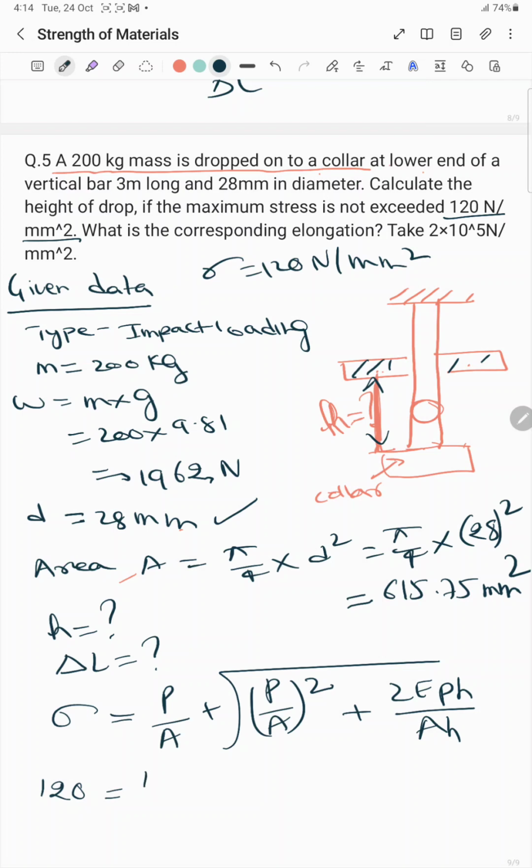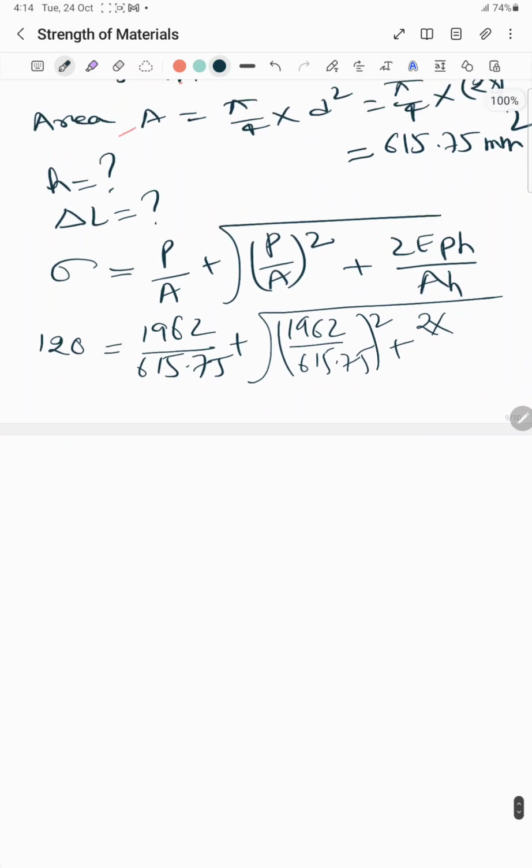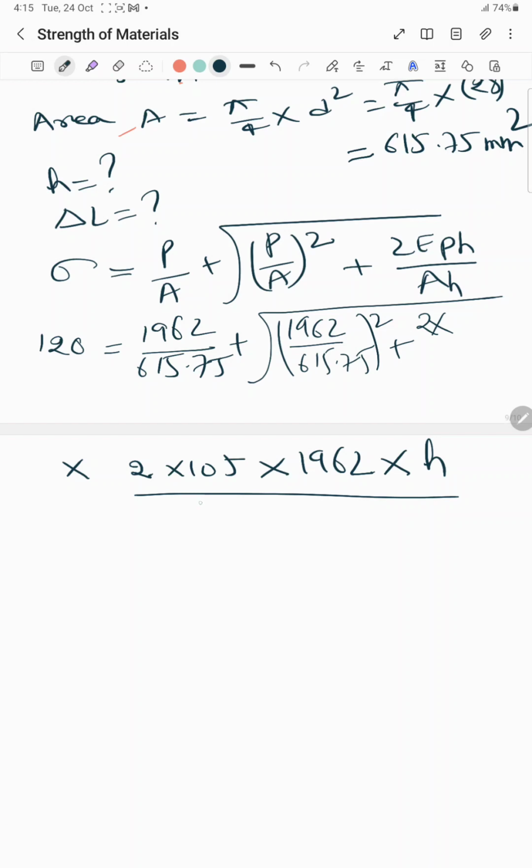120 is equal to P, which is 1962, upon A, 615.75, plus root under (1962 upon 615.75) the whole square plus 2 into E, which is 2 into 10 to the power 5, into P value 1962 into h, divided by A L, with area 615.75 into L. This is L, it's not h.